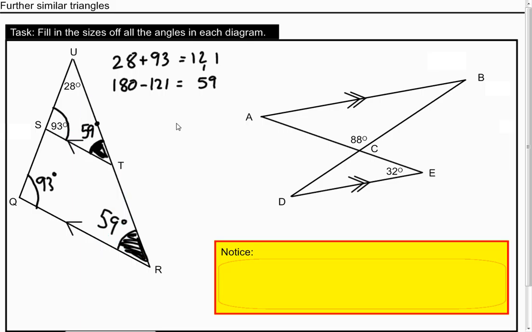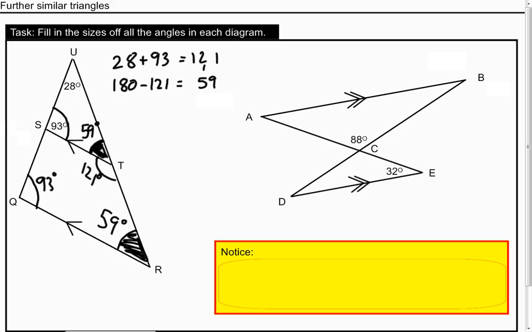I've got two angles left over. Looking at this one here, I've got two angles on a straight line, a straight angle, so they have to add up to 180. So 59 plus 121 would make 180.